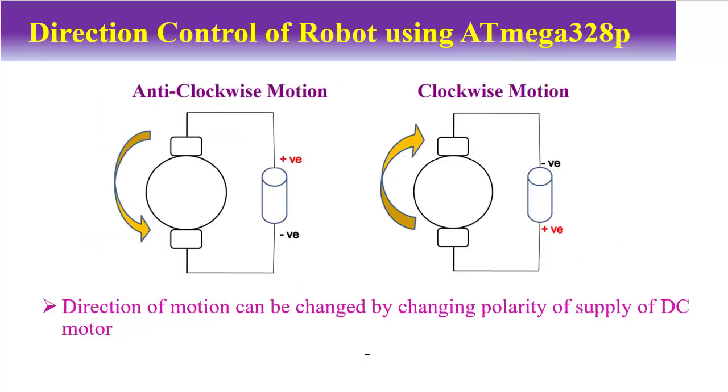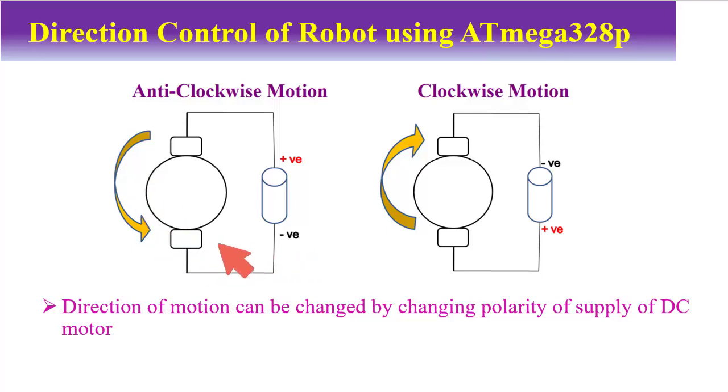Now for direction control, that is for forward or backward direction of the motor, what will be the polarity of the power supply? Say the motor has two terminals, this is one terminal, this is another terminal. This terminal is connected with the positive polarity of the supply and this terminal is connected with the negative polarity of the supply. Then say the motor moves in the anti-clockwise direction.